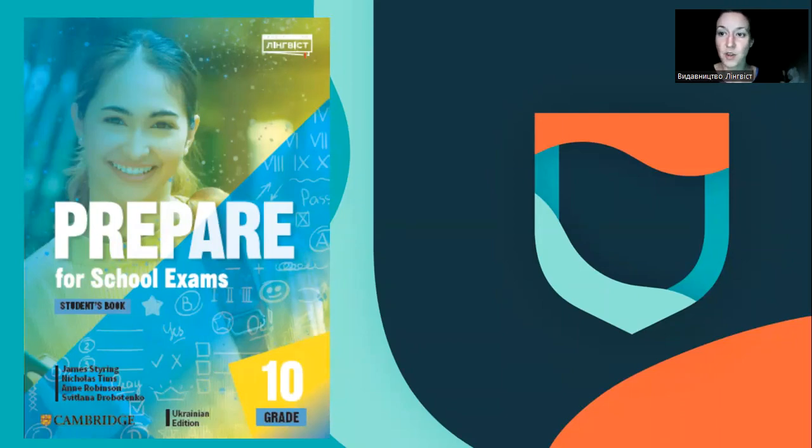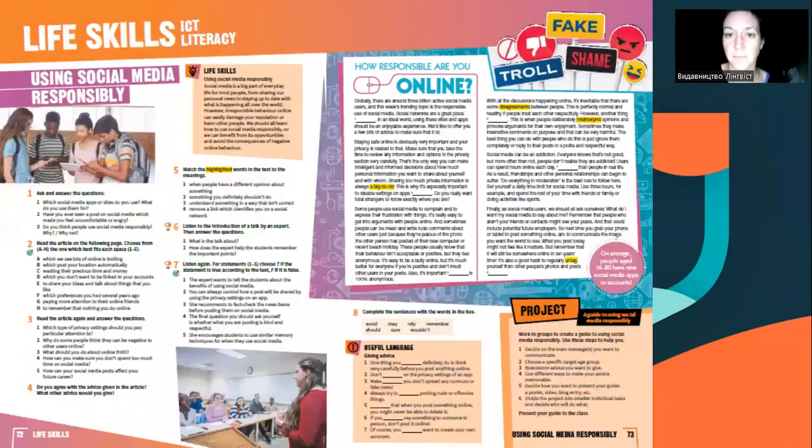So the structure of the book is not very much changed, but the focus is not only on Cambridge English qualifications, but also on our state qualifications, which still doesn't make this book only exam focused. It's general English and life skills.